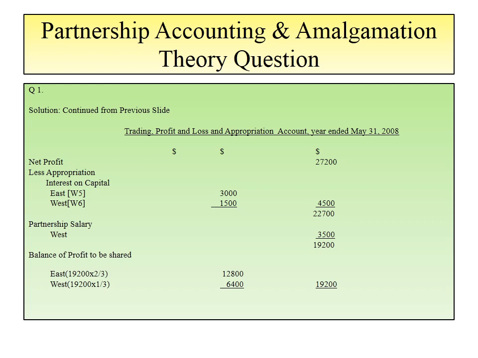The formula for calculating the profit sharing ratio is given over here, and for east the profit is 12,800, and for west is 6,400. It's very easy.